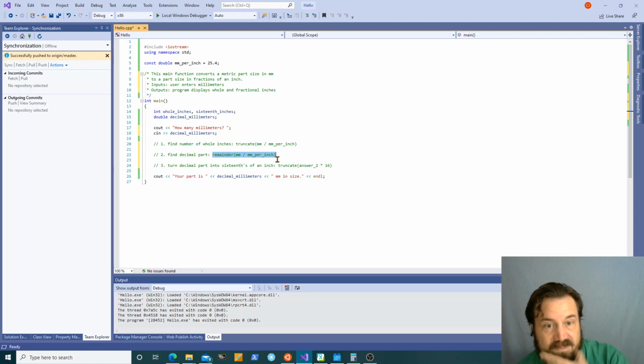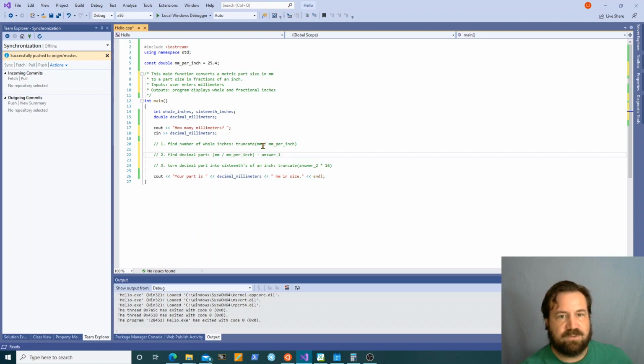I don't want the remainder. What I want here is millimeters divided by millimeters per inch minus what I got in answer 1.